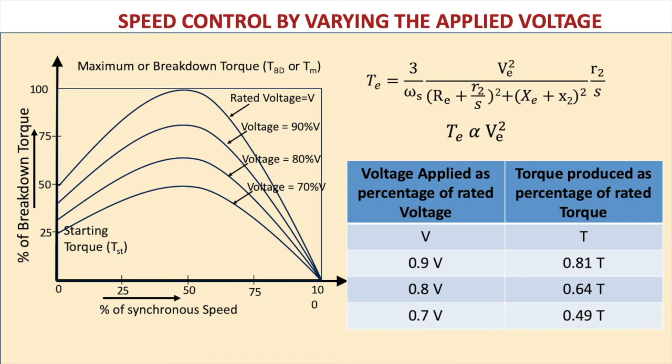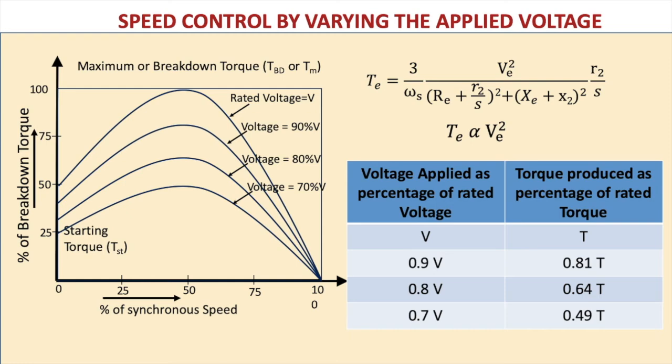Here you can see that the torque equation is given by 3 by omega s, V square, by (Re plus R2 by S) whole square plus (Xe plus X2) whole square, into R2 by S. So keeping the rest of the things constant, we are only varying the voltage. Therefore, torque becomes proportional to the square of the applied voltage.